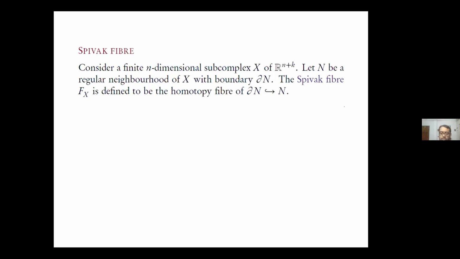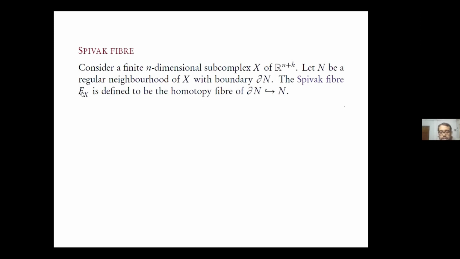But you have seen quite explicitly in Pranav's talk that you can talk about the homotopy fiber of this map, meaning you replace this by a collection of paths starting here and ending in N. The homotopy fiber is going to be the collection of paths starting on the boundary of N, with paths entirely in N but ending at a chosen point in N. So that would be the homotopy fiber of this inclusion, right? And you define that to be the Spivak fiber, denoted by F subscript X.